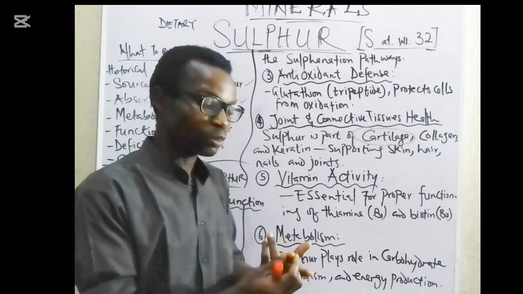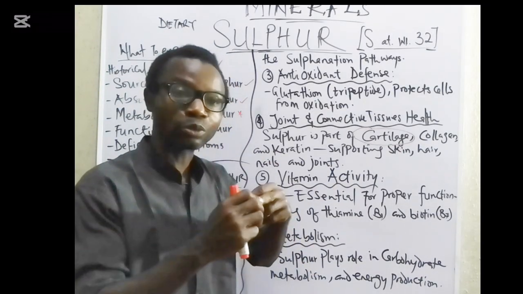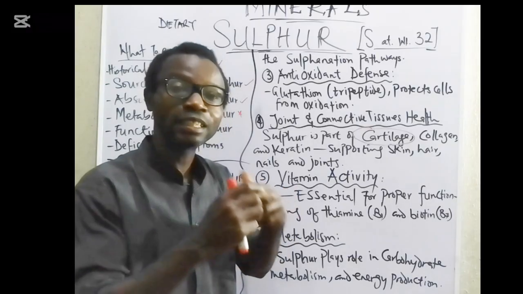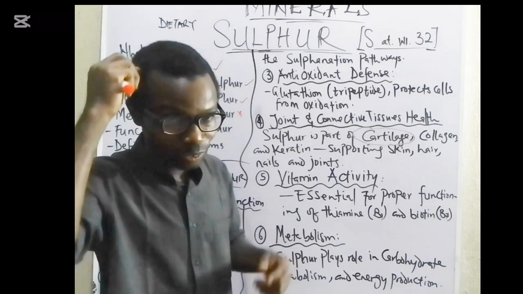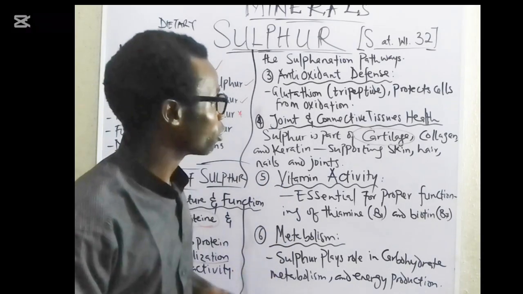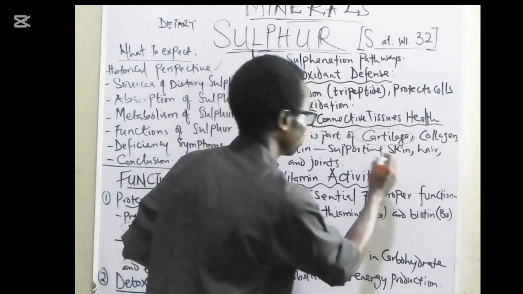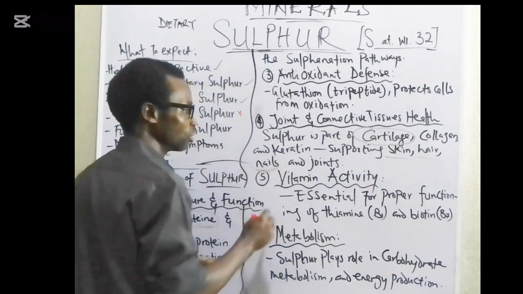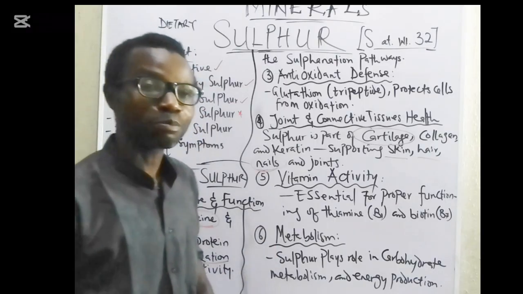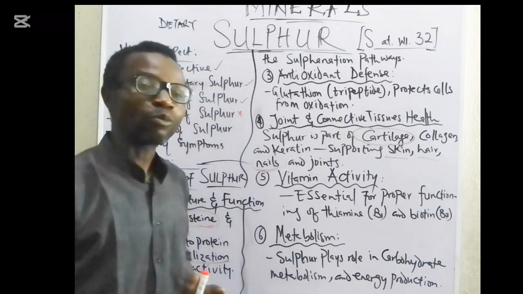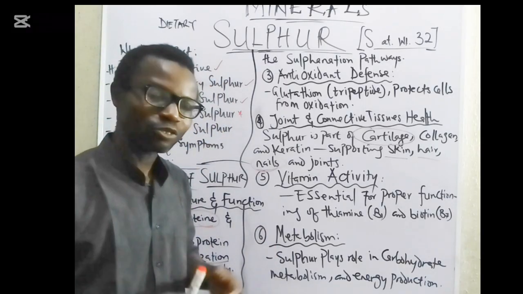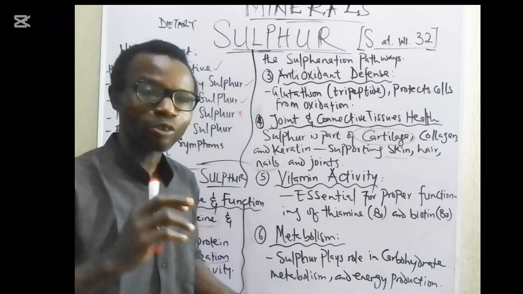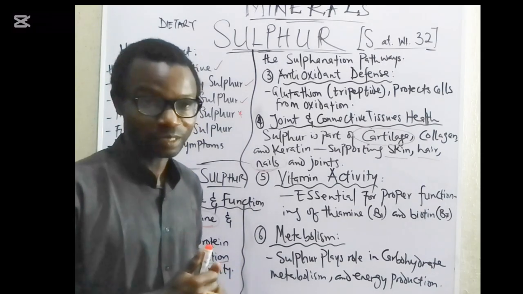Keratin is the protein that forms the nails and also the hair. Sulfur is part of that protein that forms the skin, the hair, and the nails. You see that sulfur is very important. Anything important in protein is actually useful for the entire body of animals and humans.